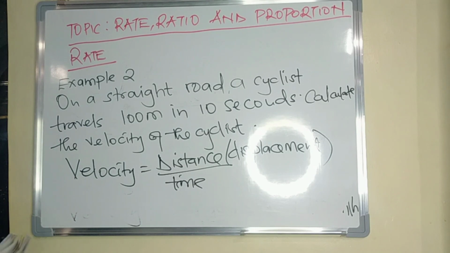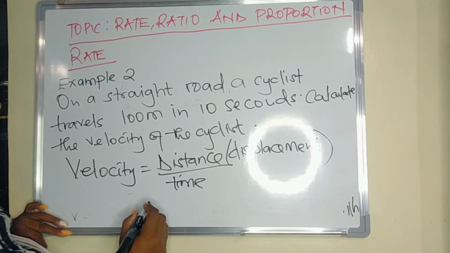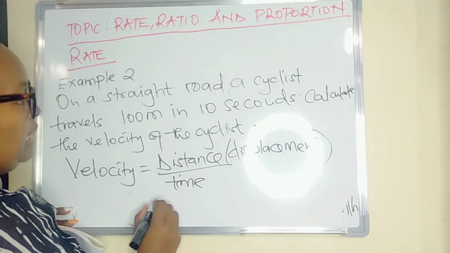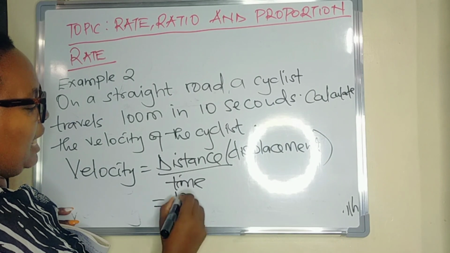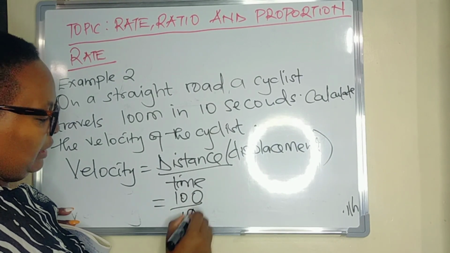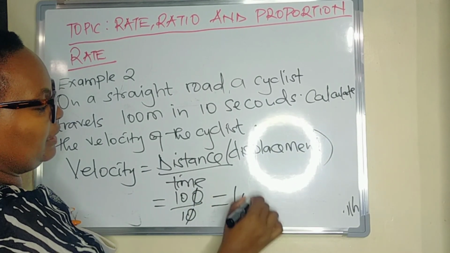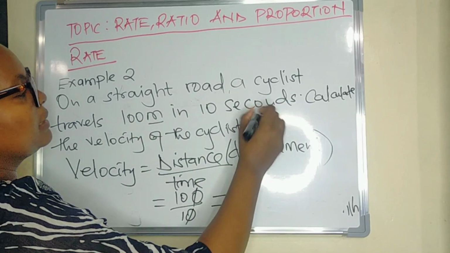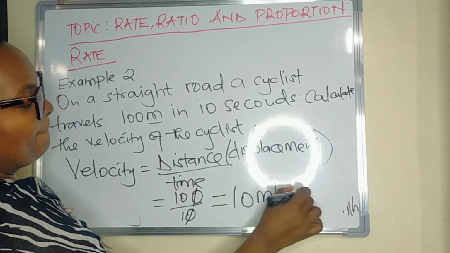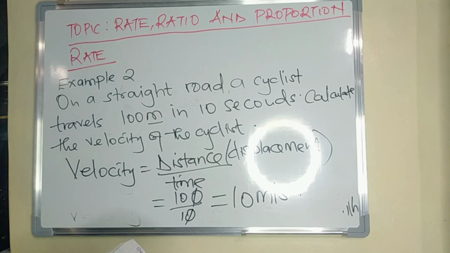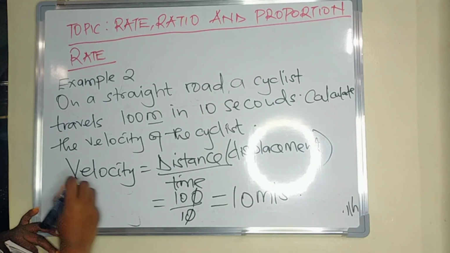So this cyclist is going on a straight road and travels 100 meters in 10 seconds. So 100 over 10, and this is going to give us 10 meters per second. So that is velocity.